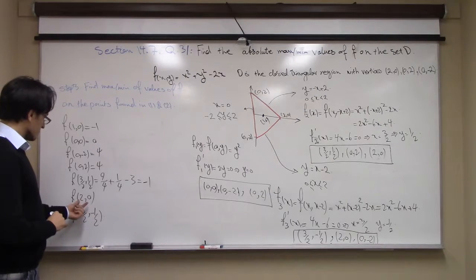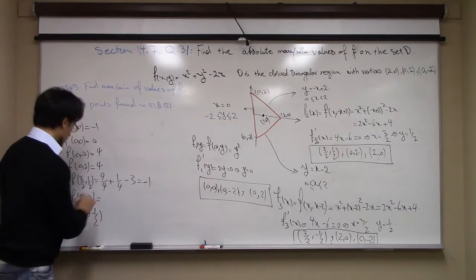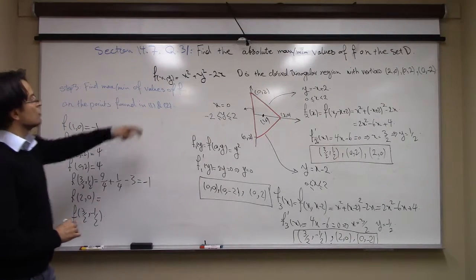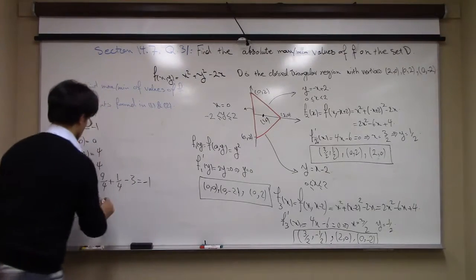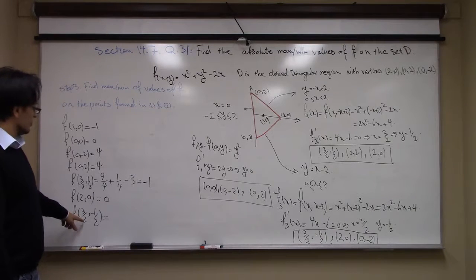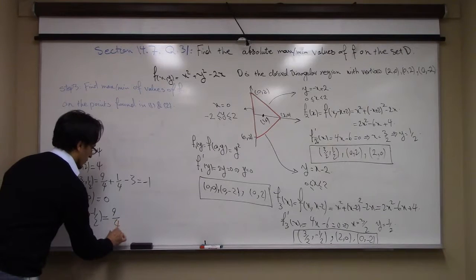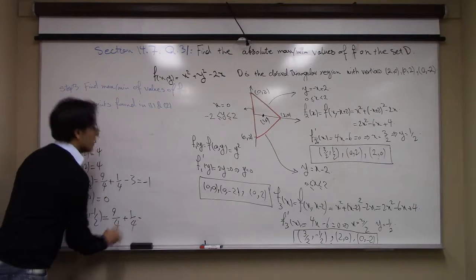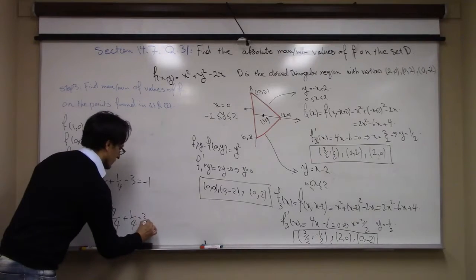And yes, this one here, f2 is 0. So 4 squared minus 4, this part is 0, this is 0. And at (3 over 2, negative half), it is going to be the same number, 9 over 4 plus half, minus 3.